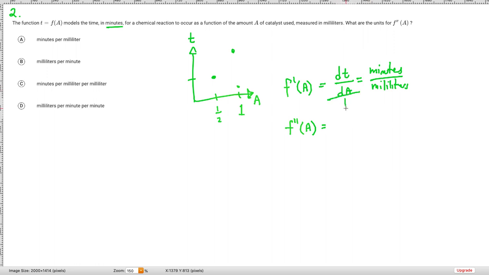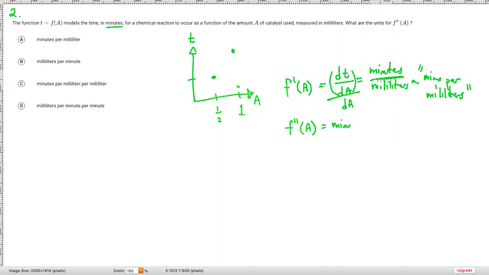You're differentiating again, okay? And that's going to be the minutes. And we could say this is minutes per milliliter, right? You want to find out how much it's changing per milliliter, right?